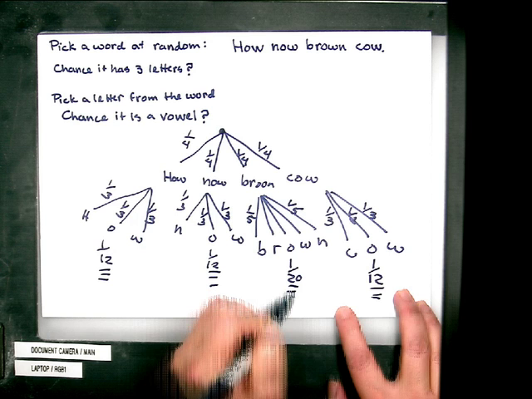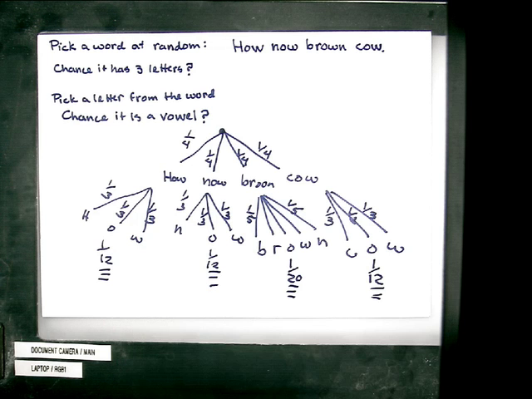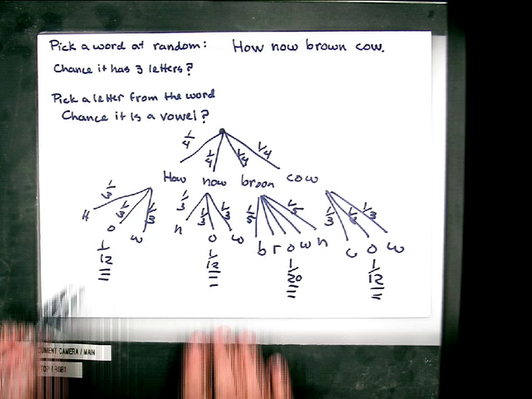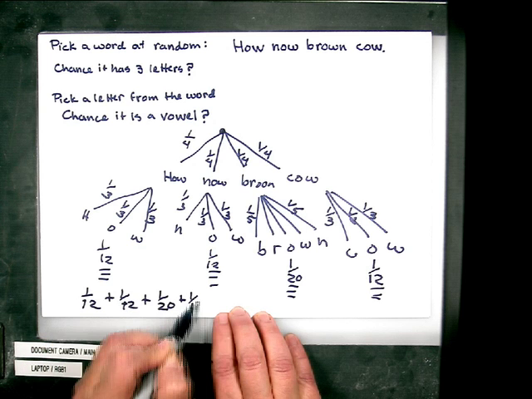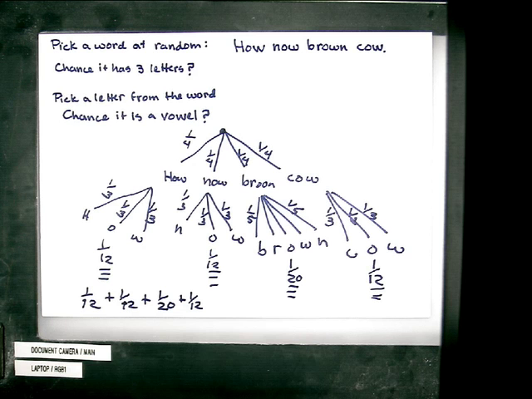And so the chance I draw an O is a 12th plus a 12th plus a 20th plus a 12th. Now, is that equivalent to what you did? It is. It's a little more complicated, but it's equivalent. Questions about that? I have a question for you. How do I make a much simpler tree?